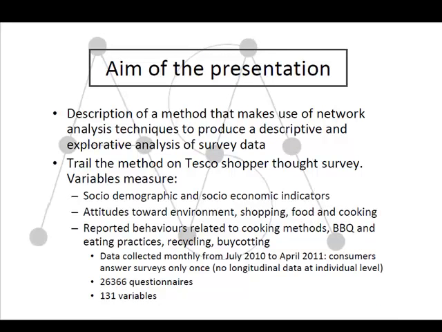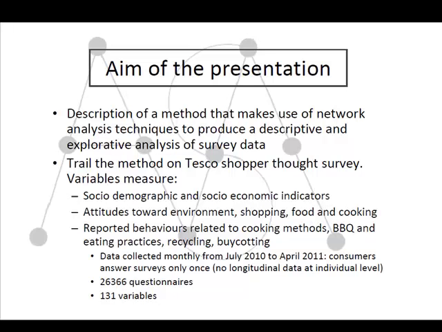So what I'm trying to do is to describe a method that makes use of network analysis when you have survey data, and, like me, you normally get lost in analyzing it. The trial of the method is on the Tesco Shopper Thought Survey, a survey that Tesco, the big supermarket, runs with a panel of 60,000 consumers, where they measure any kind of thing.